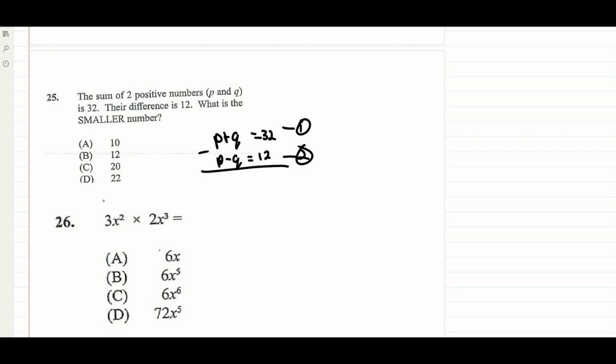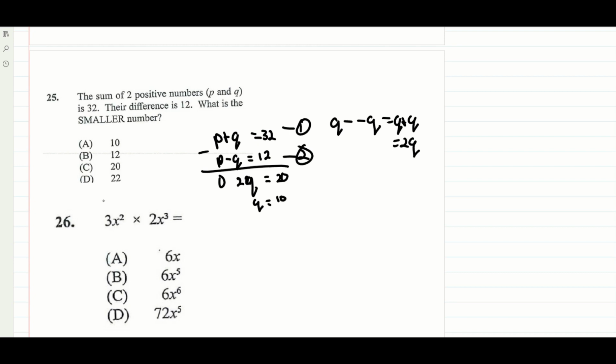I'm going to subtract, so p minus p is 0, and q minus minus q is q plus q, which is 2q. I'm just showing you how I did it. 32 minus 12 is equal to 20, so q is equal to 10.